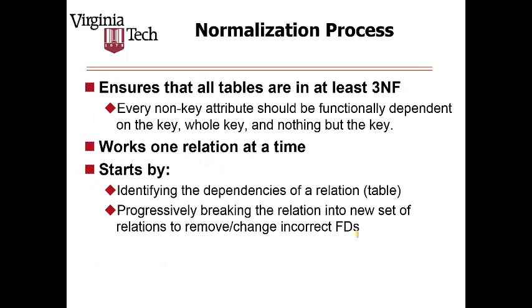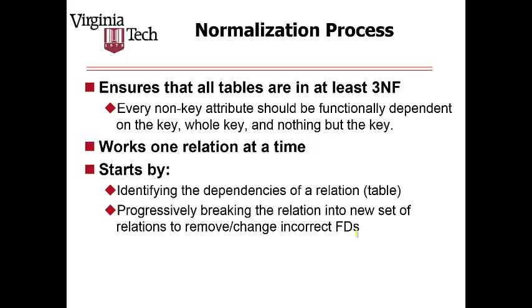Well, so our goal in normalization is to make sure all of our tables are in third normal form. And what that means is every non-key attribute must be fully functionally dependent upon the key, the whole key, and nothing but the key. And we work on one relation at a time, and we do each attribute.